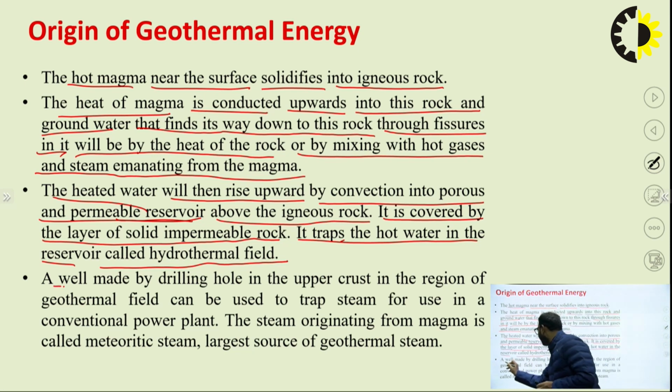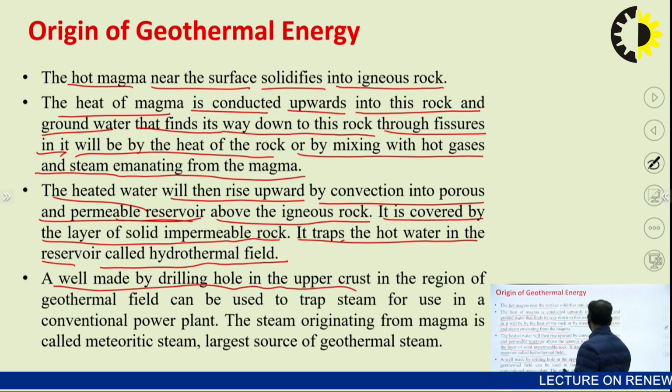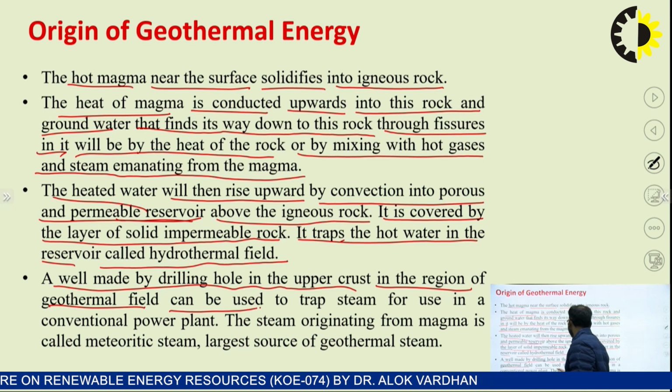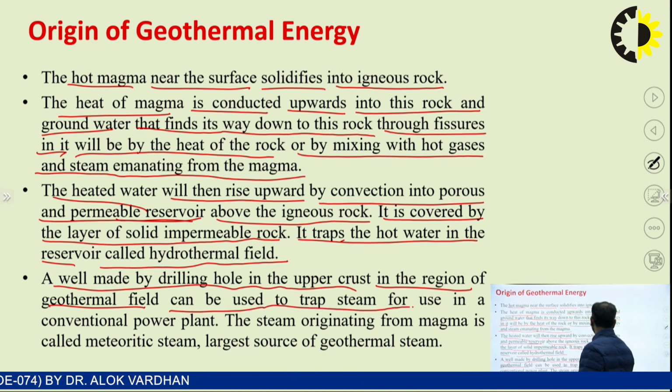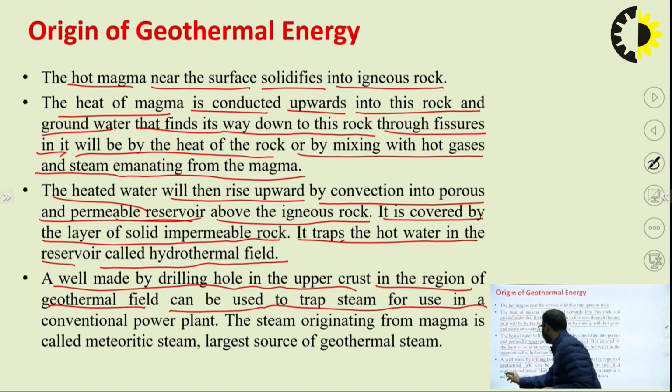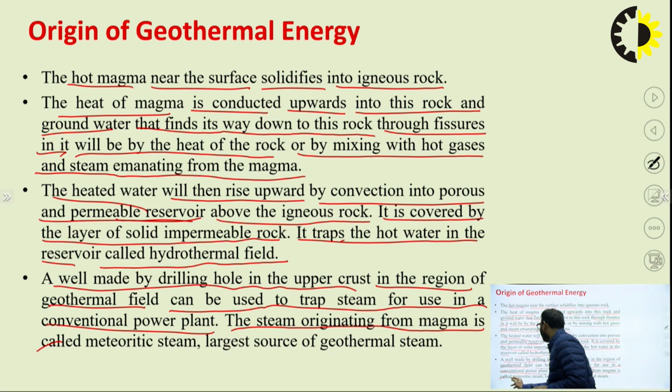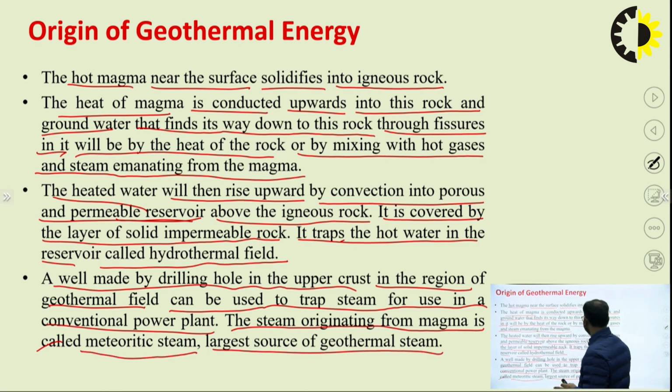Then what happened? A well made by drilling a hole in the upper crust in the region of the geothermal field can be used to trap steam for use in a conventional power plant. The steam originating from magma is called meteoritic steam, the largest source of geothermal steam.